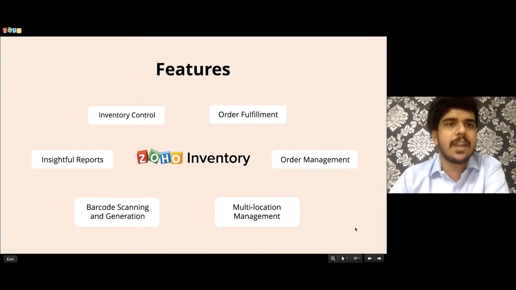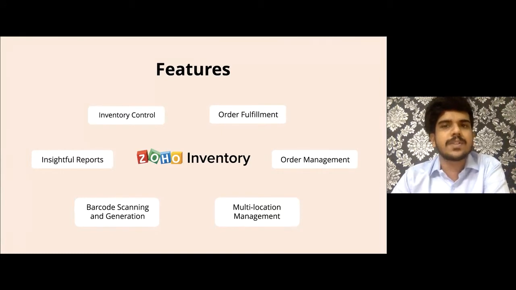So these are the standout features. You will be able to perform advanced inventory control using Zoho Inventory. Do your order fulfillment. So whenever you receive an order from your customer, you are able to fulfill that order using Zoho Inventory. You will be able to create your packages and shipments. Order management. You are able to take care of both your purchase orders as well as your sales orders.